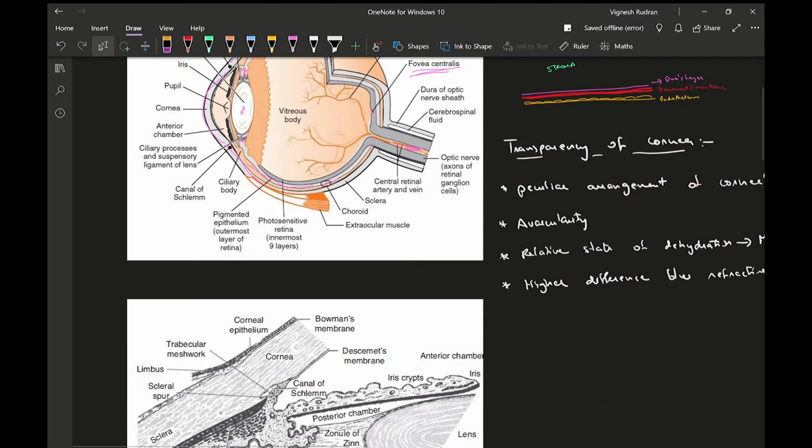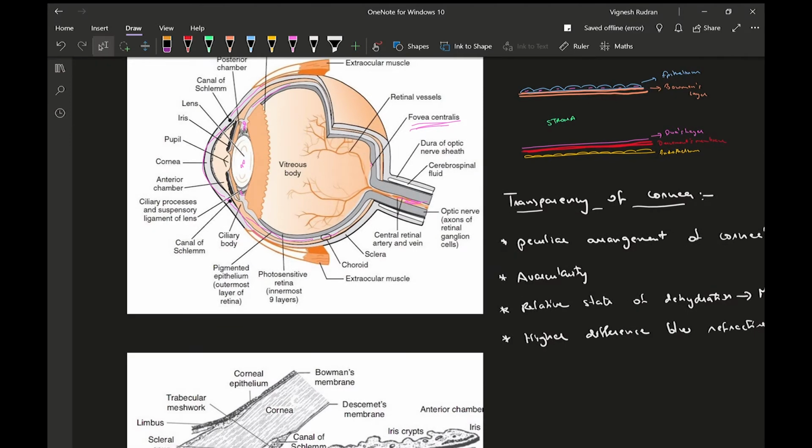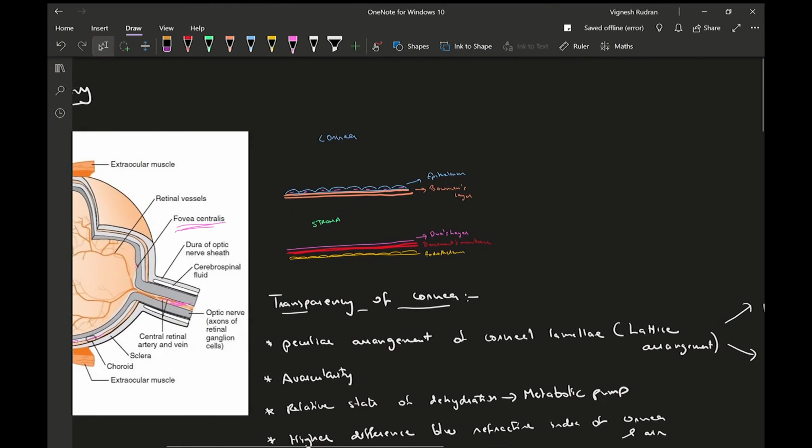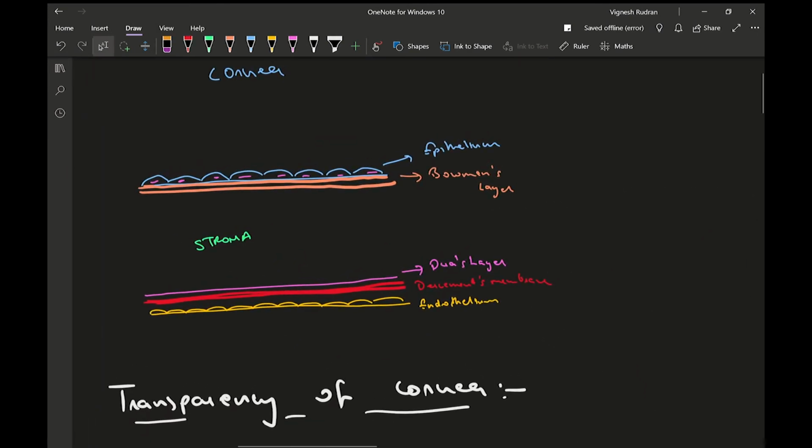It's very important when we talk about glaucoma. We'll talk more in detail about this. This very important diagram over here, this canal of Schlemm, plays a very important role in glaucoma. And in this diagram, I want you to look at this. These are all the various layers of the cornea, which I've drawn over here. It has 5 layers.